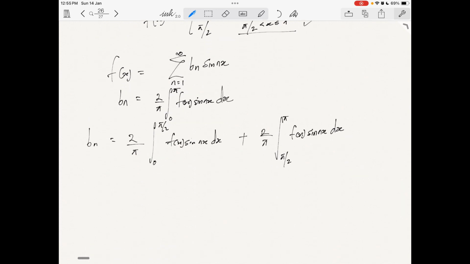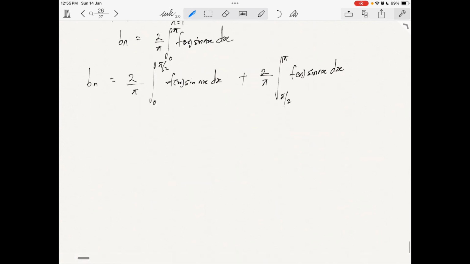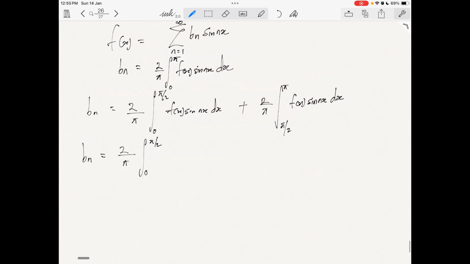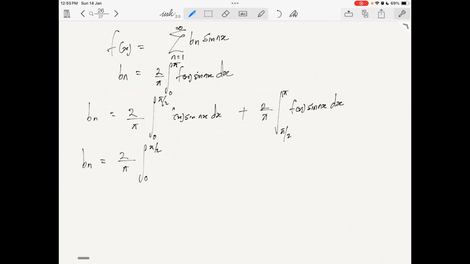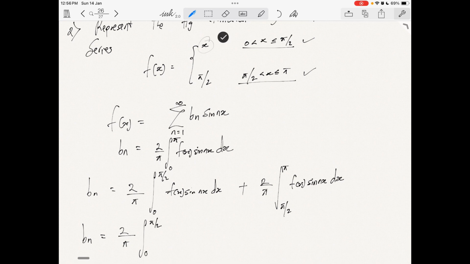So in this case now, bn is equal to 2 over pi integral of 0 to pi over 2 of f of x. What is f of x when the limit is from 0 to pi over 2? It is x.